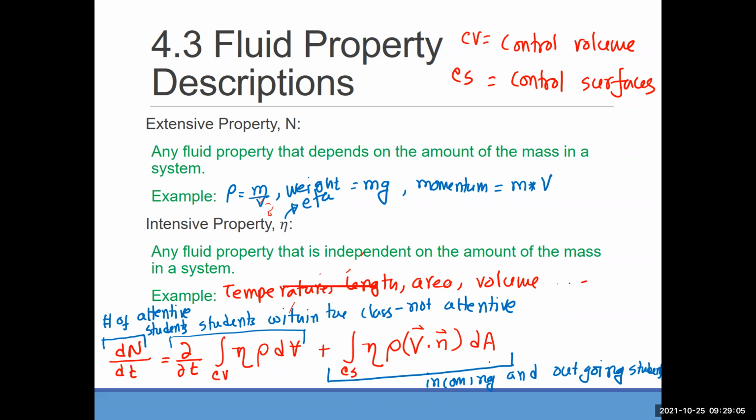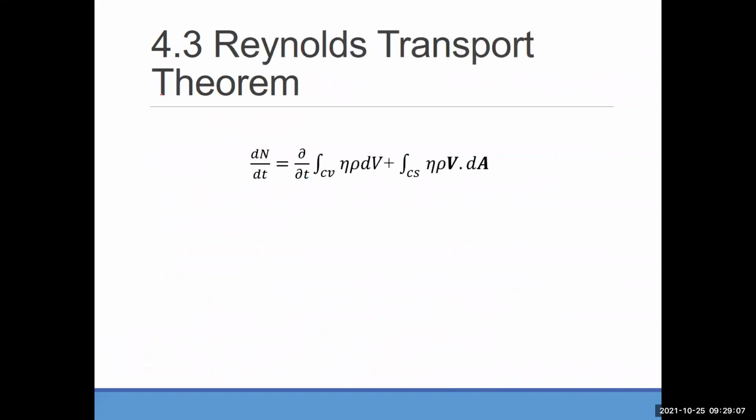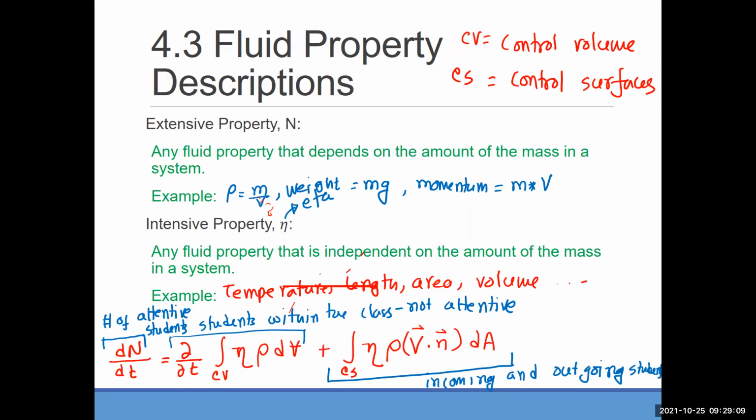Now, is there any way you can convert the extensive property to the intensive property? Yes. What is the way? Just think about this weight, m times gravity.